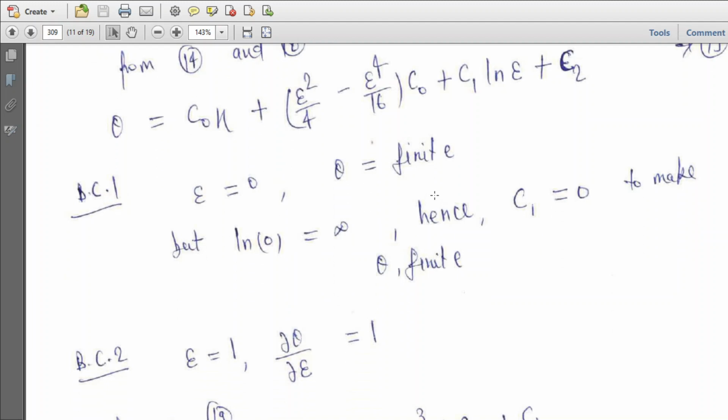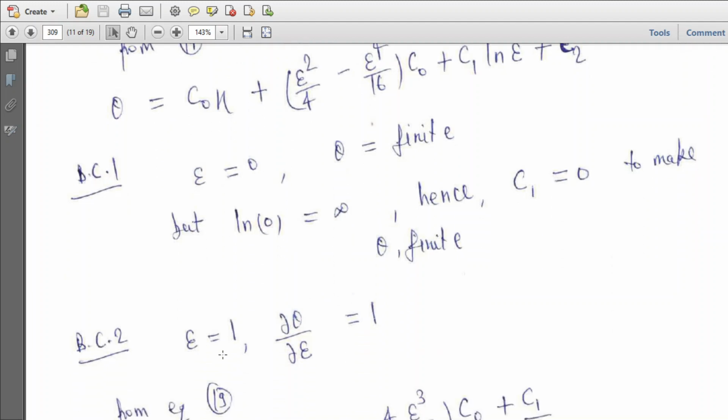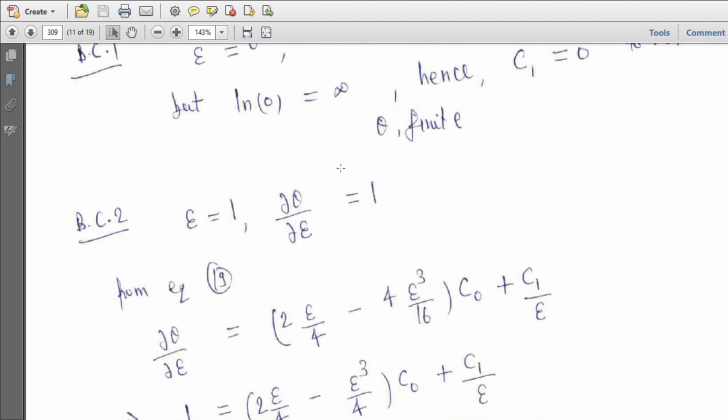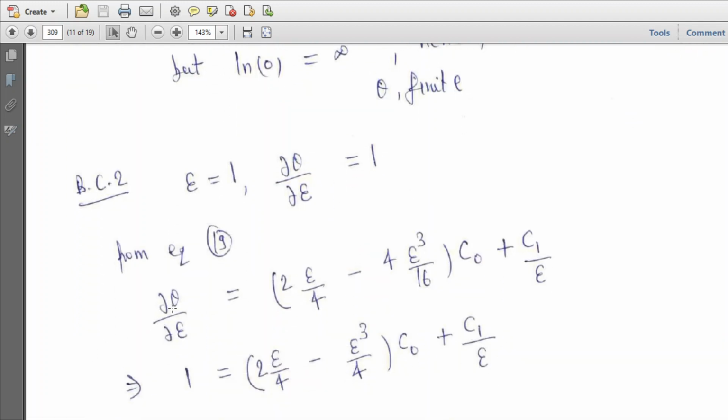Now boundary condition 2: at epsilon equal to 1, del theta upon del epsilon equal to 1. So from equation number 19, you can differentiate it here. If you differentiate, you will get del theta upon del epsilon equal to 2 epsilon upon 4 minus 4 epsilon cube upon 16 into C naught plus C1 upon epsilon.